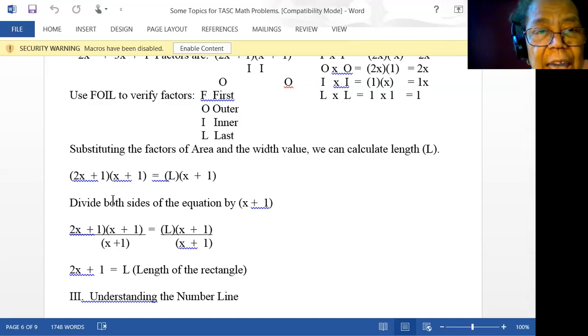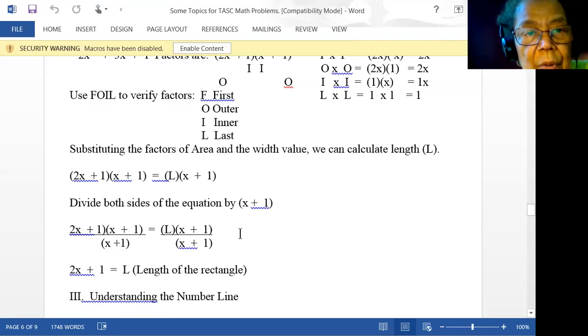Now, we have the factors, we put them in here, and solve for the length. Okay, so there are the factors, 2x plus 1, x plus 1, length times x plus 1. Now, if we divide both sides of the equation by x plus 1, remember this is the width, x plus 1, and we're looking for the length.